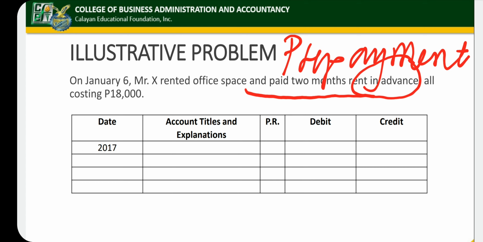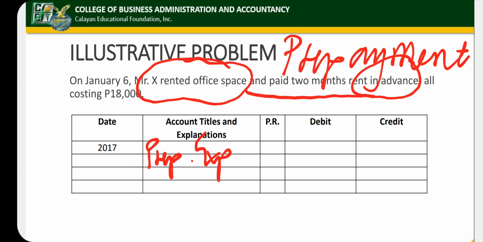So, in this case, since it is payment for rental of office space, we record it as prepaid expense. Prepaid expense. So again, prepaid expense is an asset. That's why to show an increase in prepaid expense, we are going to debit prepaid expense account title.